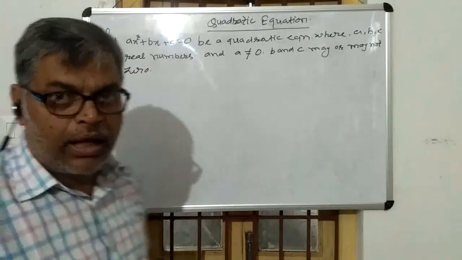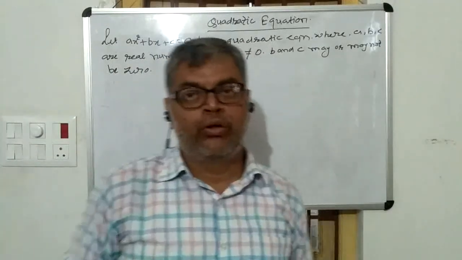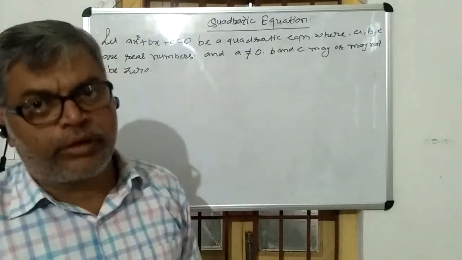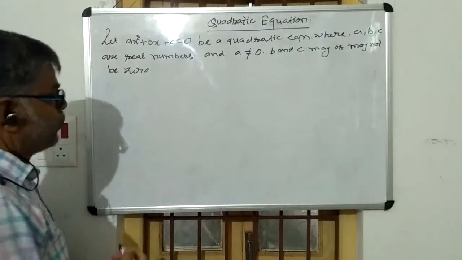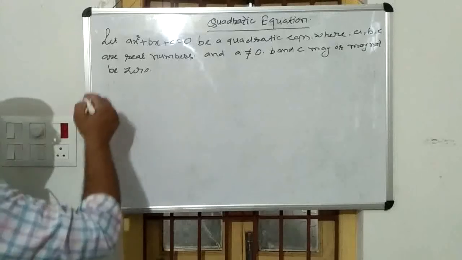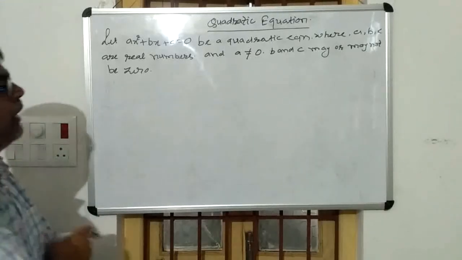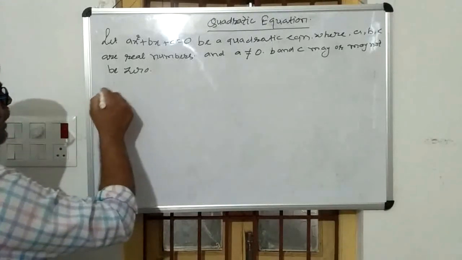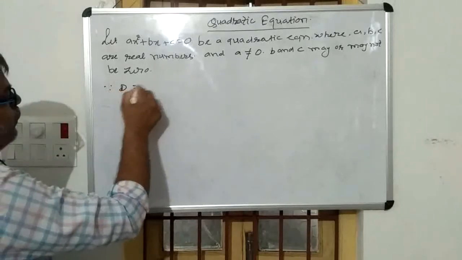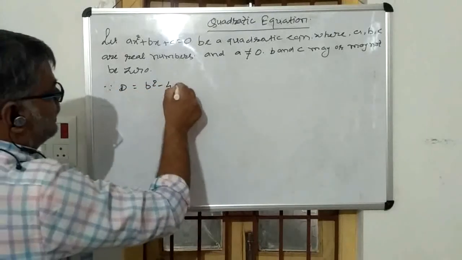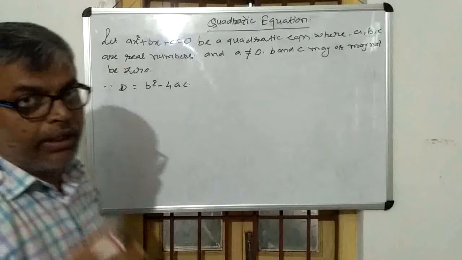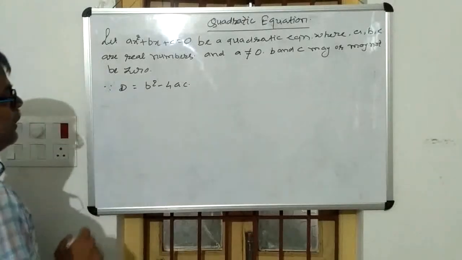B and C either will be 0 or will not be 0 also. So as you know from the formula that discriminant equals b square minus 4ac, which you have learned in previous class.